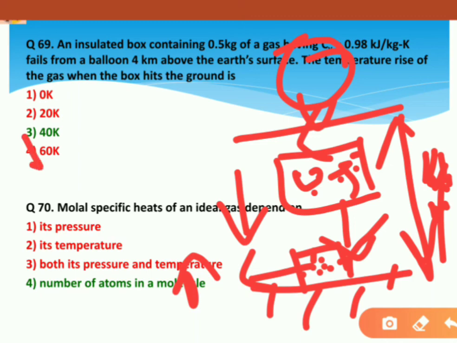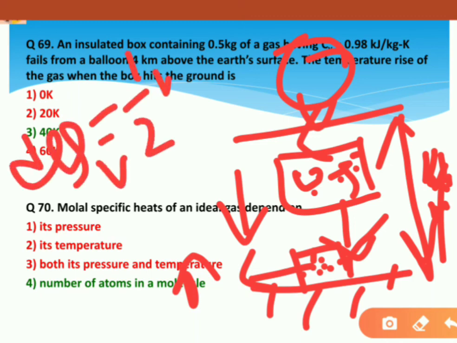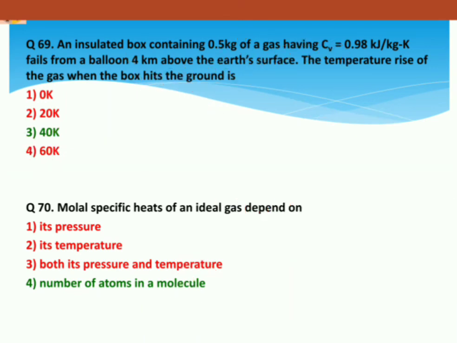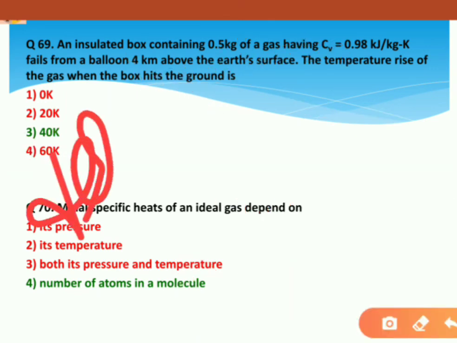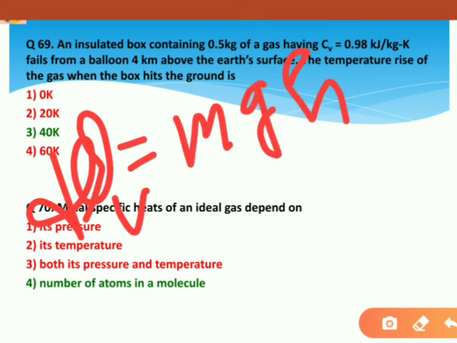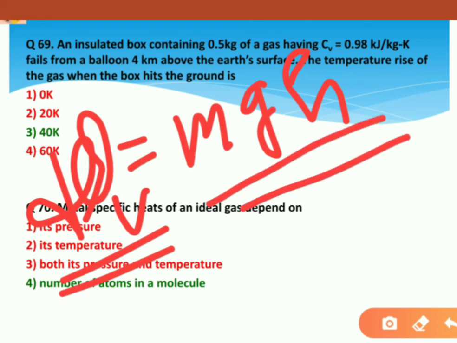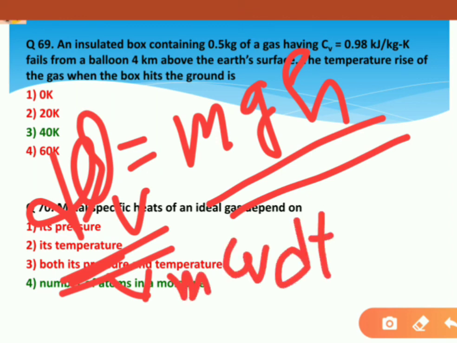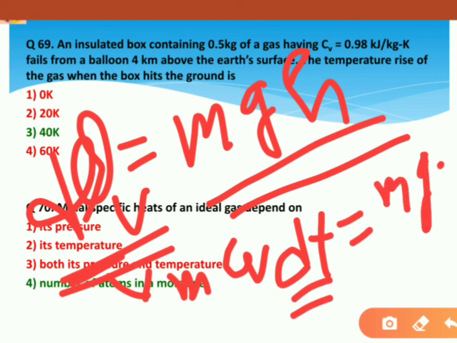So dQ for constant volume is equal to m g h, as the total kinetic energy will convert into heat energy. Constant volume heat addition we know is m Cv dT, where dT is the temperature change, equal to m g h.